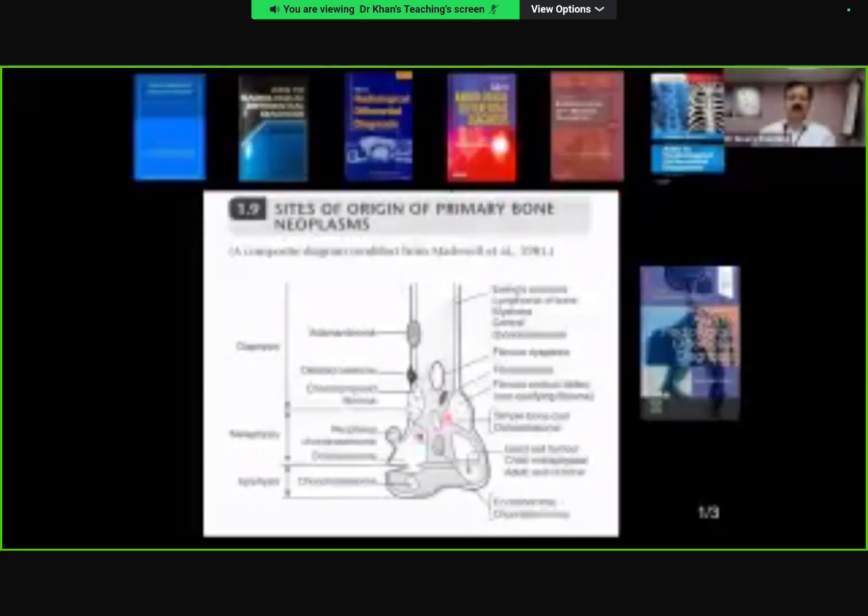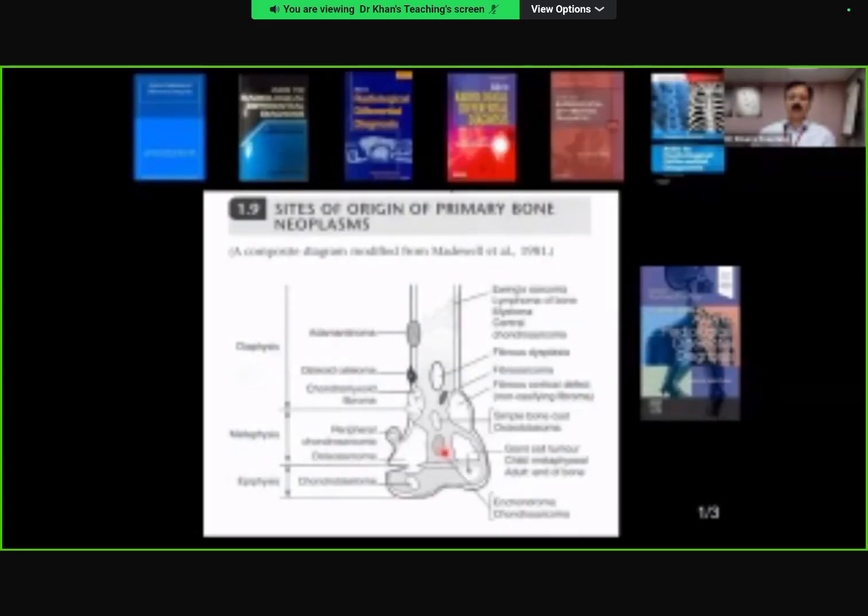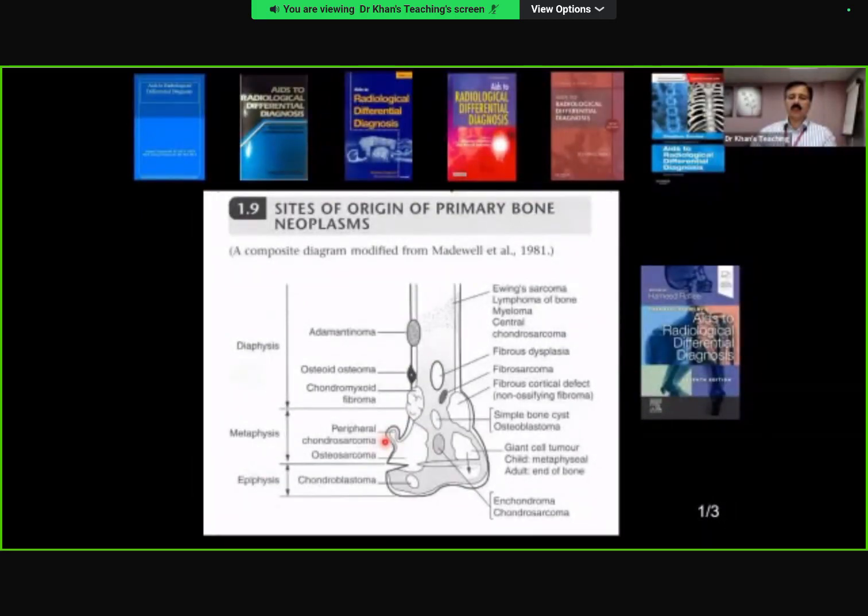But basically, I recap. In the center of the metaphysis is a cartilaginous tumor, enchondroma, which can convert to chondrosarcoma. In the periphery, arising from the cortex, is another cartilaginous tumor, which is osteochondroma, and it can also convert to chondrosarcoma. Please remember, both of these are extremely important exam cases, and the concepts they will ask you.